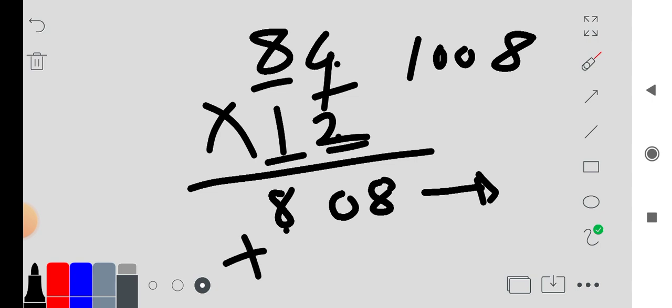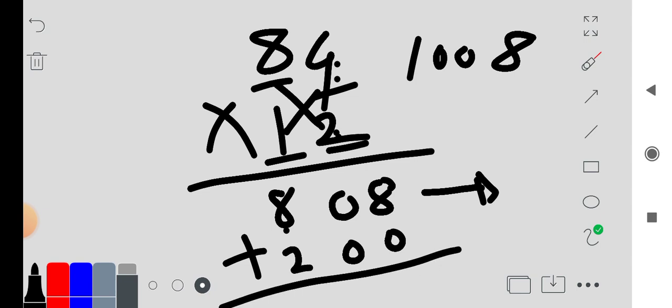Now we cross multiply this digit. So 8 into 2 is 16, 1 into 4 is 4, so 20. These are nothing but number of tens, so 20 is considered as 200. So in head we have to add 200 and 808. So this is nothing but 1008. So this is so simple, friends.